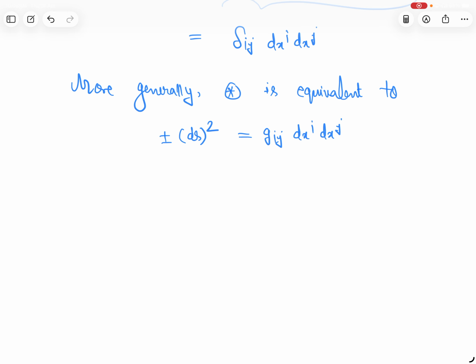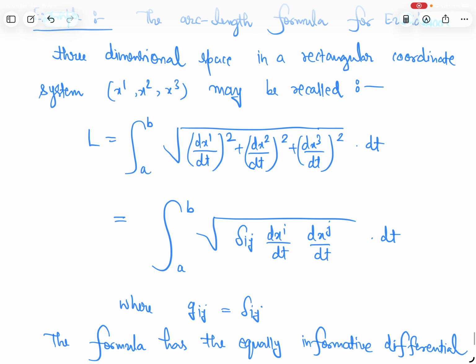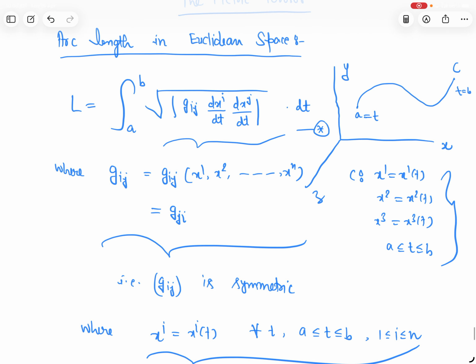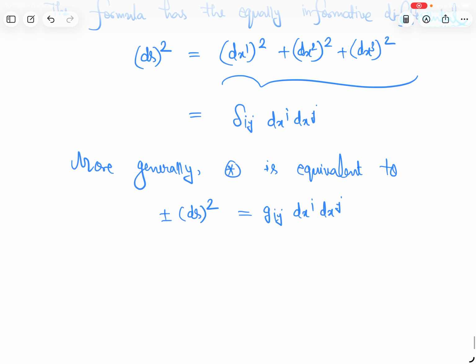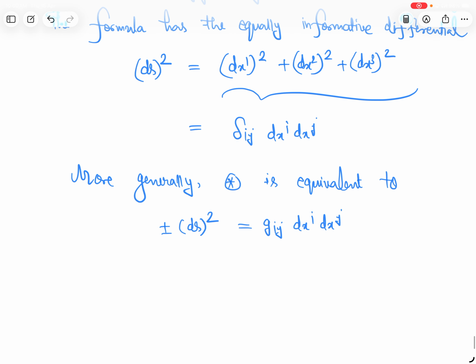Okay, what is ds? I have written ds. ds is actually the elementary arc length. When we take the limit here from a to b, it gives you the full length after taking its square root.